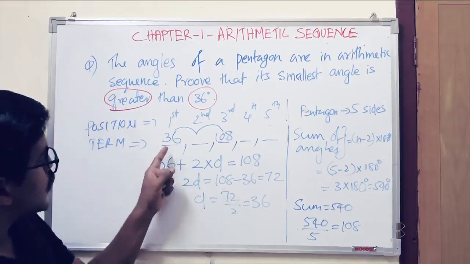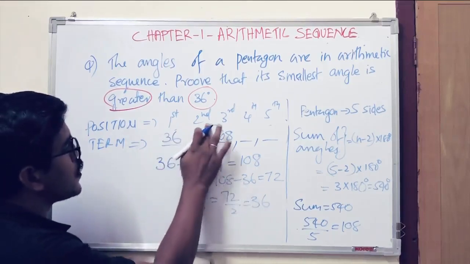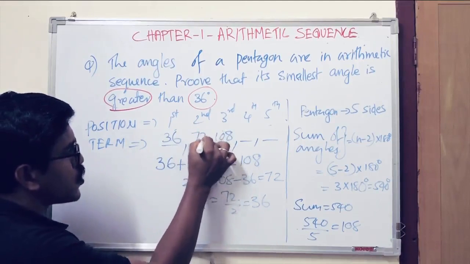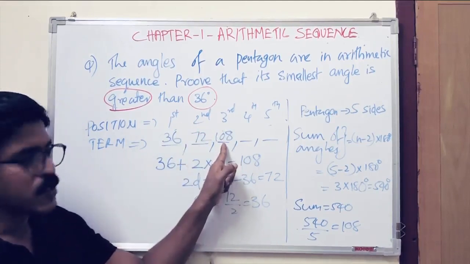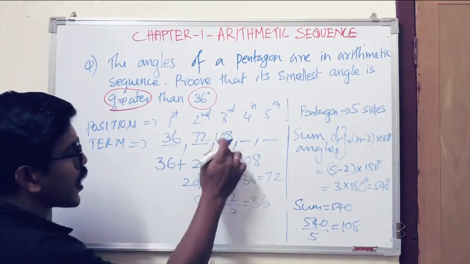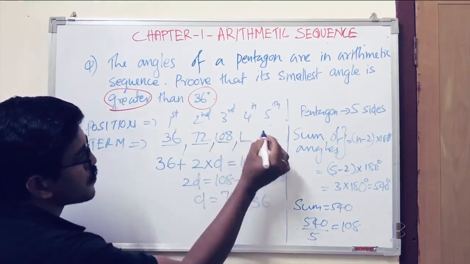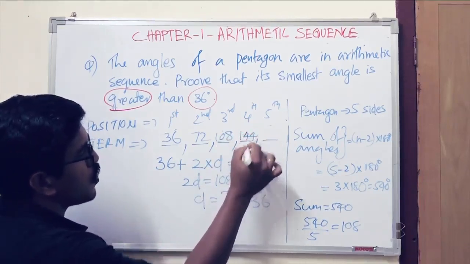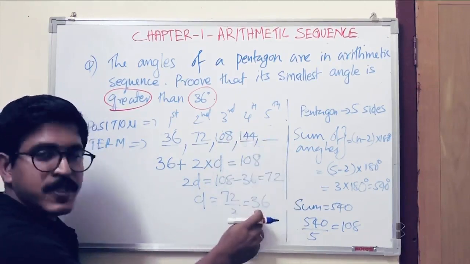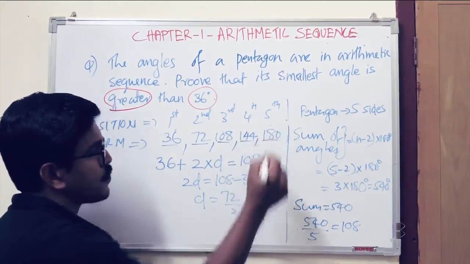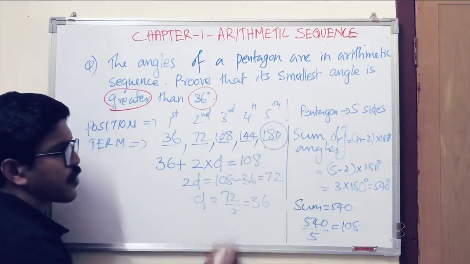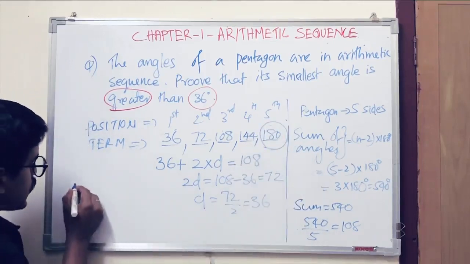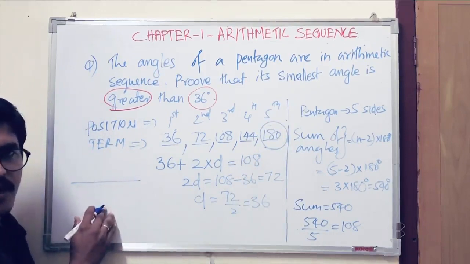Now we can add 36 plus 36, we get the second term as 72. 72 plus 36 we got 108 here. And 108 plus 36, that is 144. And 144 plus 36, this is 180 here. All of you know that a straight line has the angle 180.